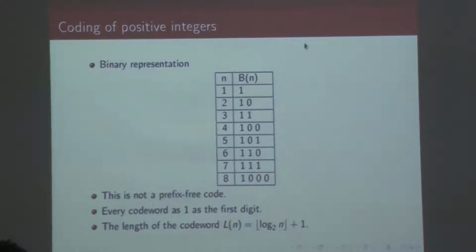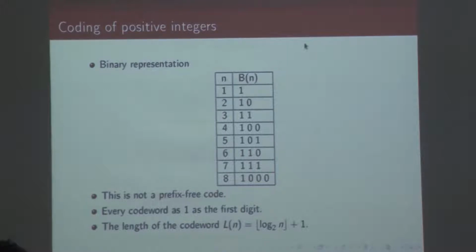But what is the problem with binary representation? It is not a prefix free representation, right. So, 1 is part of 10, it is part of 11. So, it is not a prefix free code. And what is the problem if it is not a prefix free code? You will have trouble if you are encoding positive numbers using a non prefix free code.